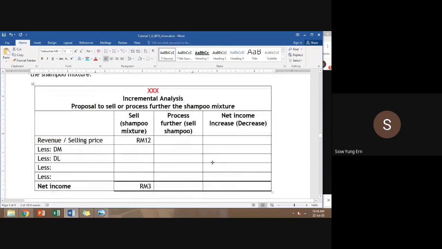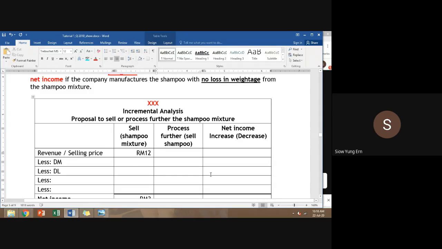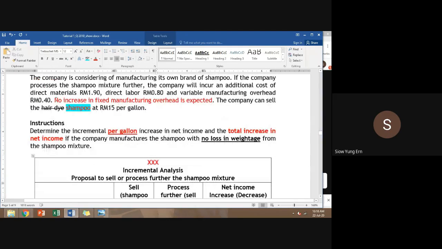And last one will be your fixed overhead. Fixed overhead. Correct, 60 cents. Because it says here, no increase in fixed overhead is expected.